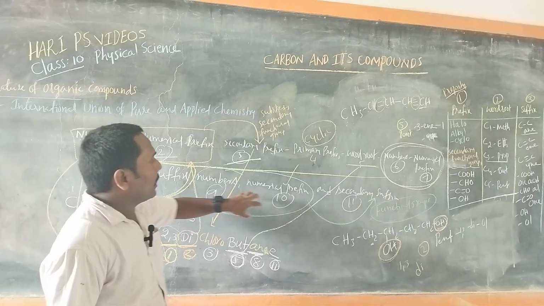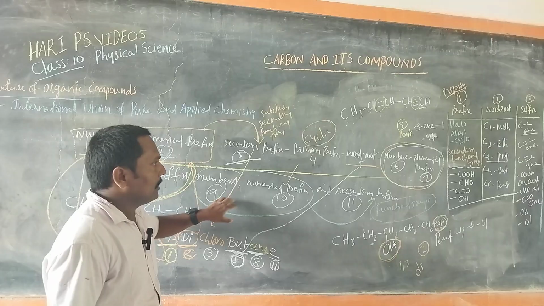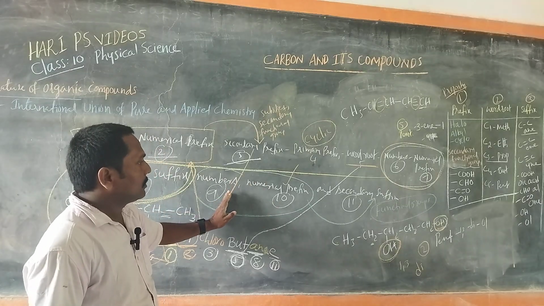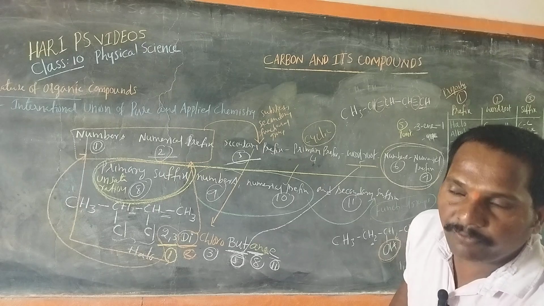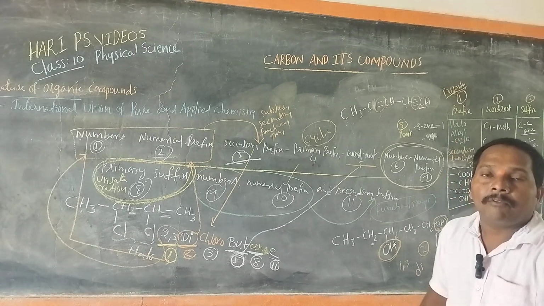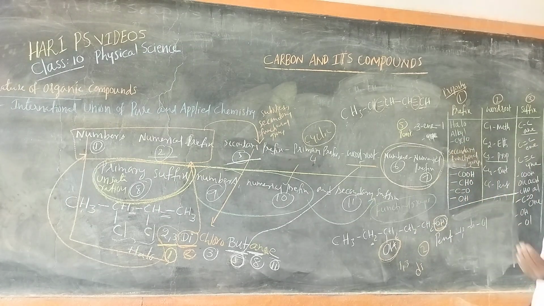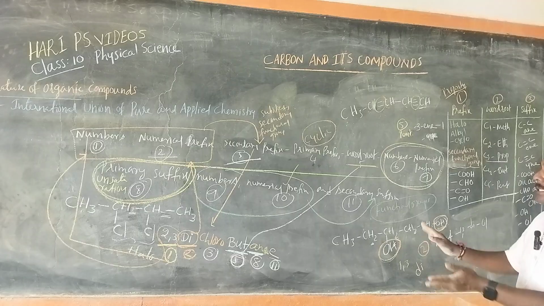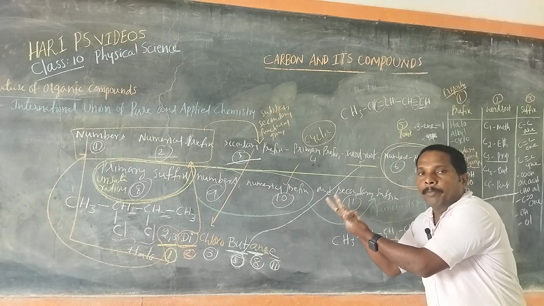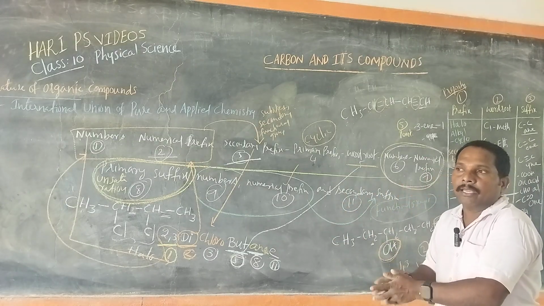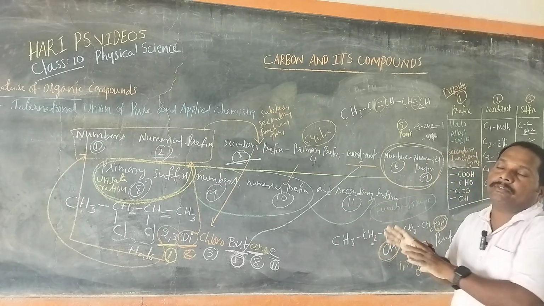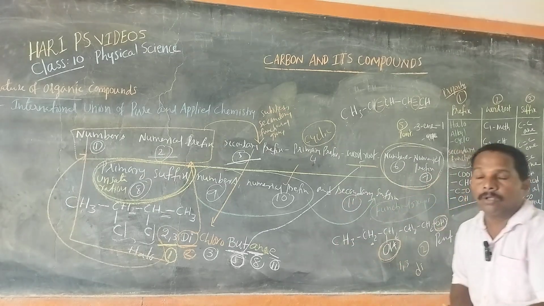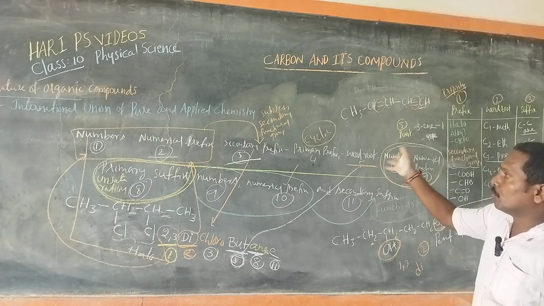Then this 9 and 10 are related to the secondary suffix. It means if two or more functional groups are there in the organic compound, how many functional groups are there, and for which carbon atoms are they substituted? Then the word root.